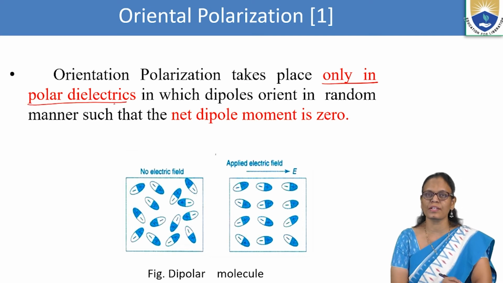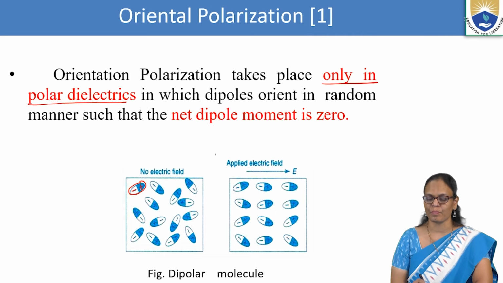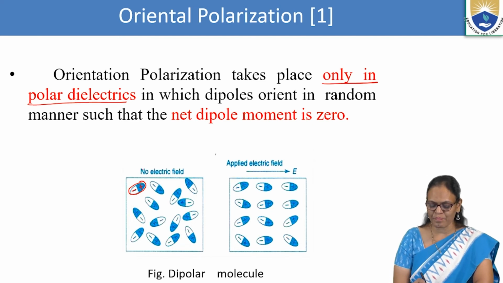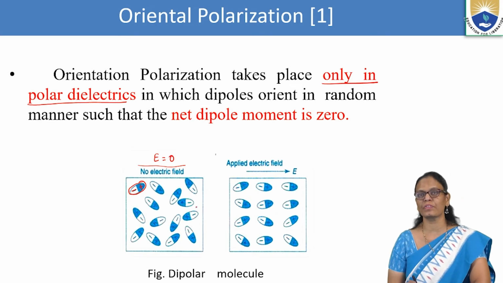So first we need to understand what are polar dielectrics. Now if you see here, this is negative, positive, means already they are separated. So wherever these charges are separated by a small distance, then we call them as polar dipoles or polar dielectrics. So in the absence of an electric field where E is equal to 0, what do we observe here?